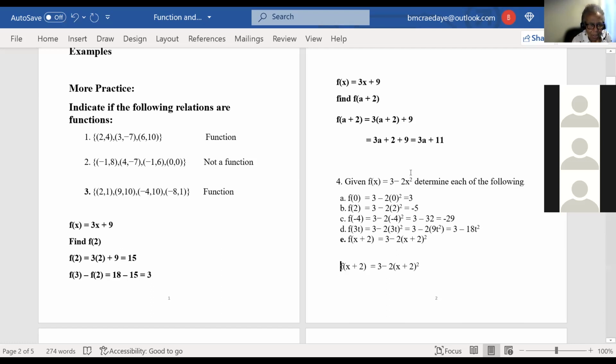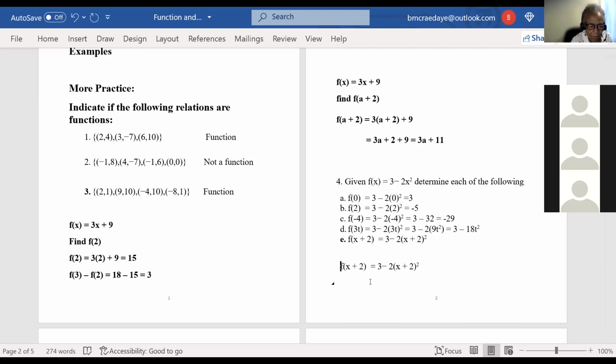Well, it's x squared, 4x, and 4. Yeah, but okay, you multiply everything in the parentheses. So what's x plus 2 times itself?